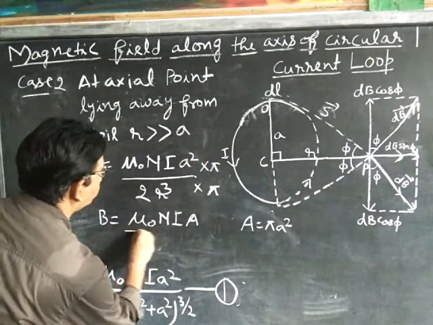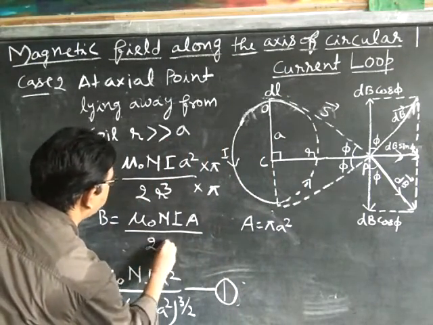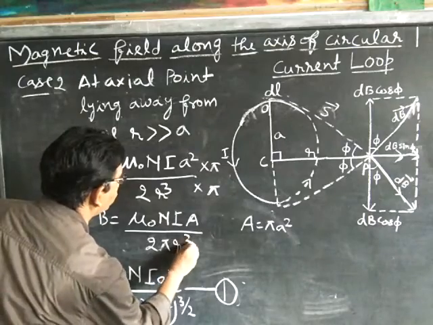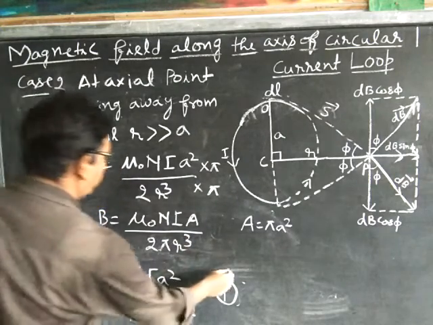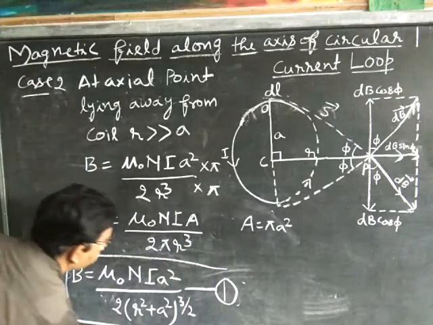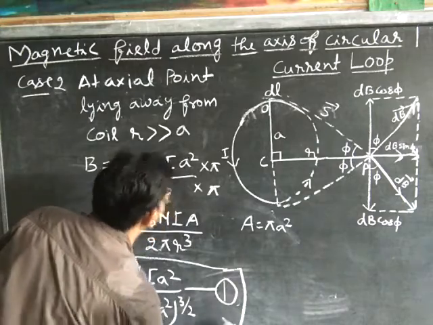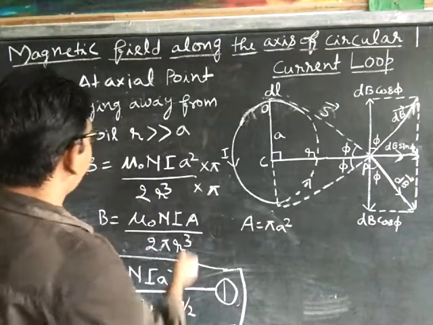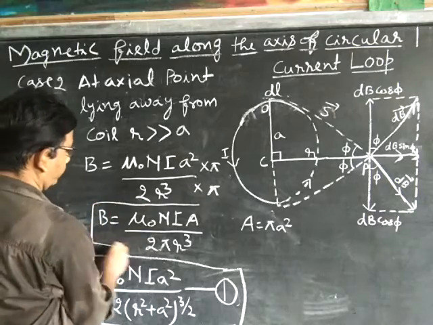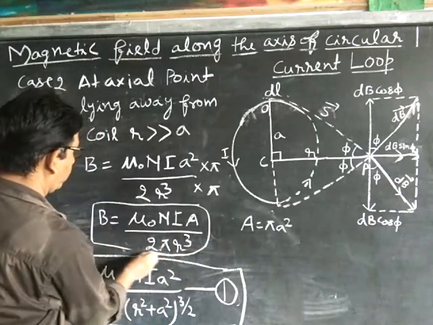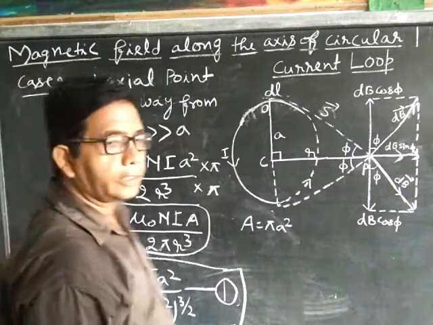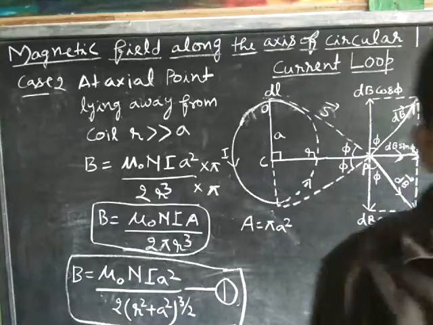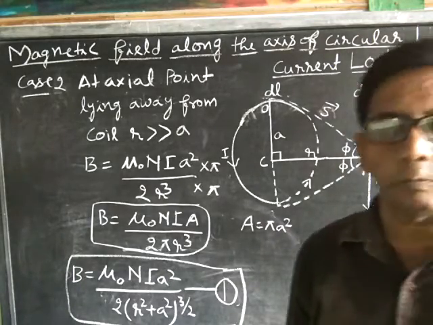So B is equal to mu 0 N I A upon 2 pi R cube.